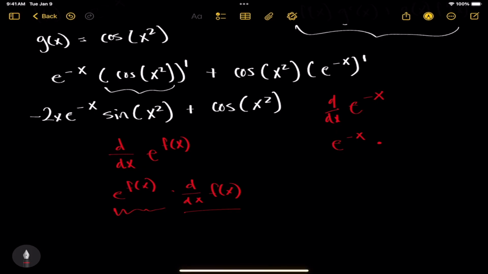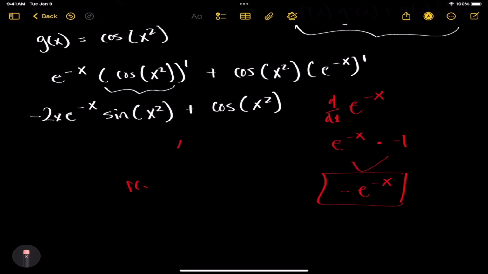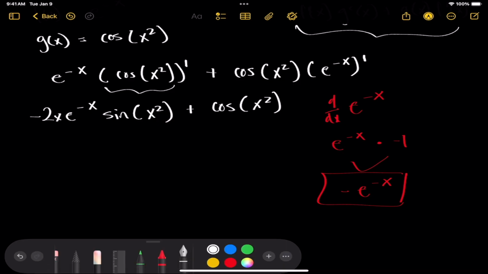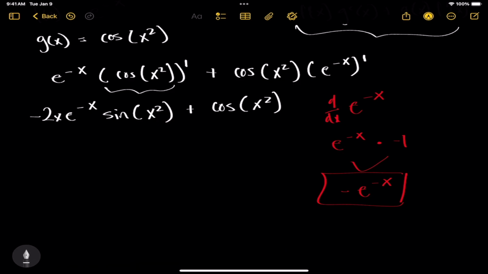So we're going to put negative 1 here, or we can just rewrite this as negative e to the negative x power. So that is our final derivative there. So let me erase what is in red over here. I'm going to keep the exponent 1 there. Go back to my pen here. And that will be negative e to the negative x.